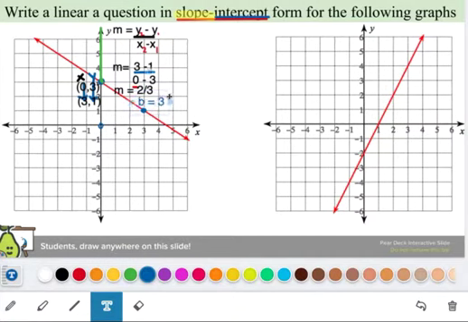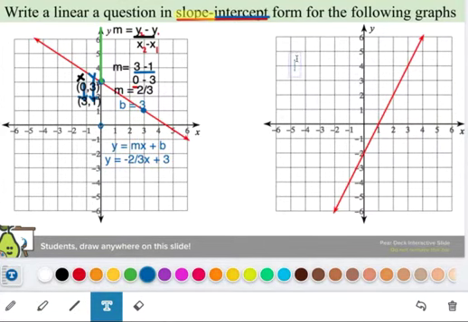So slope-intercept form then is y equals mx plus b. So y is equal to m, which is negative 2 over 3x plus 3 in this case. That's in slope-intercept form.